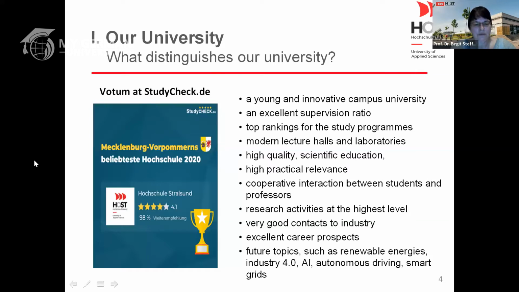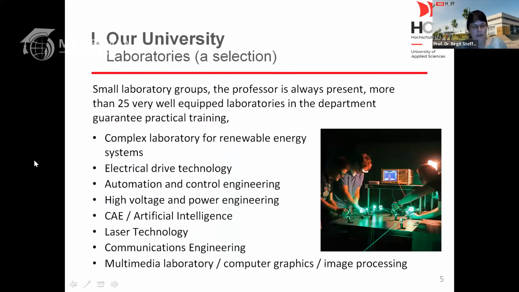We also have family-friendly study conditions and working conditions. At our school, we have about 30 modern equipped laboratories and the interdisciplinary laboratory of integrated energy systems. So the training is very practice oriented.